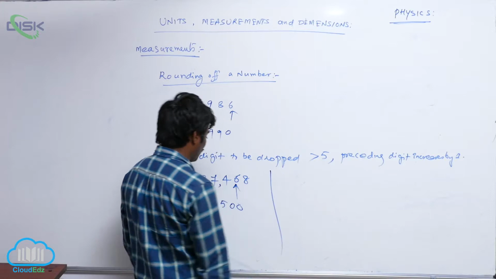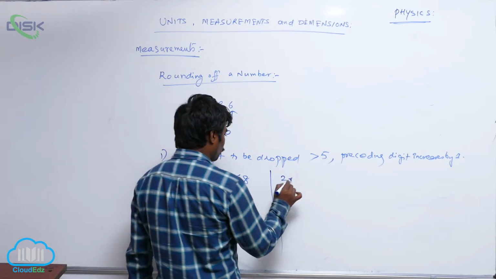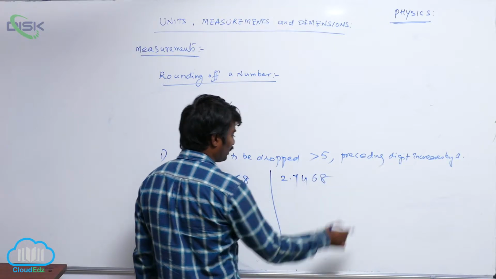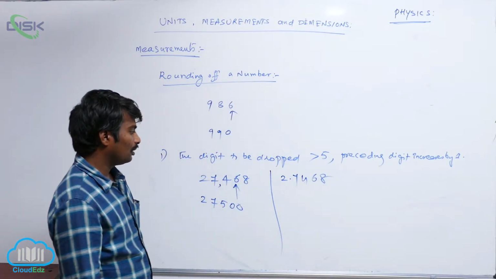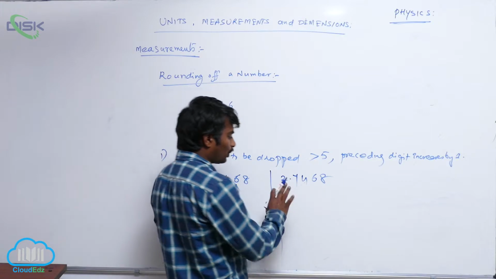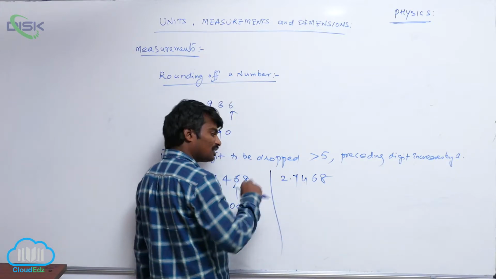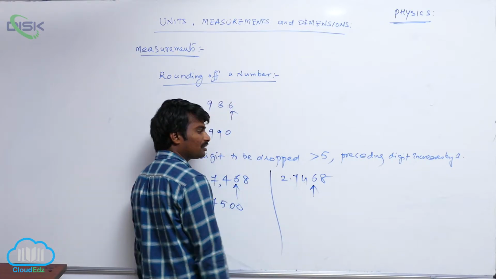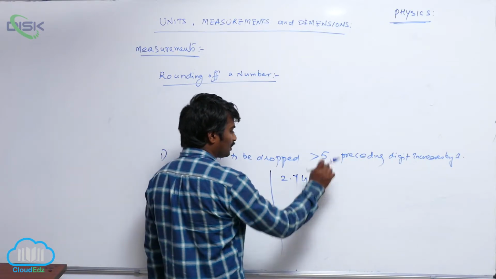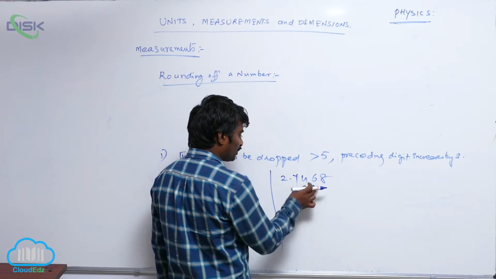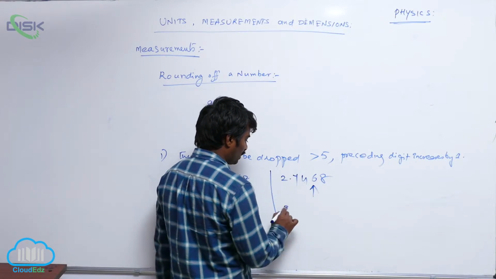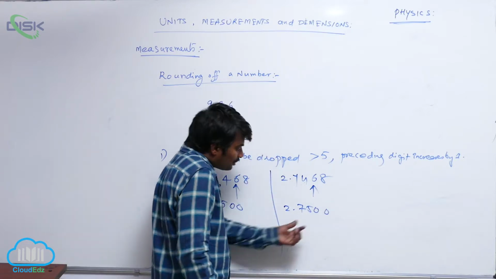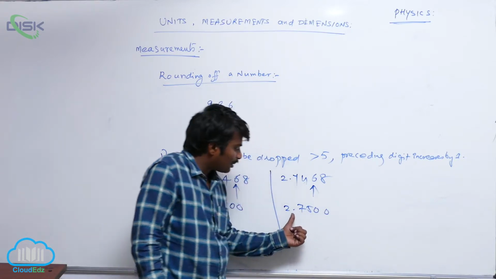Suppose it has a decimal point, 2.7468. Now I want to round off this number to 3 significant figures again. So the immediate digit to be dropped is 6. This 6 is greater than 5, so the preceding digit will be increased by 1. That is 2.75. If we write 0 0, these zeros are significant because this number has a decimal point.